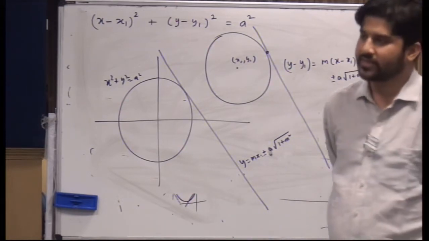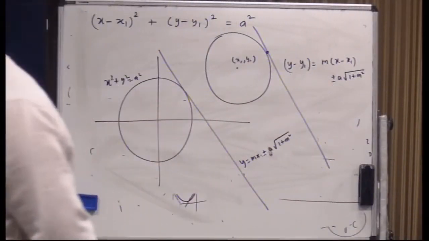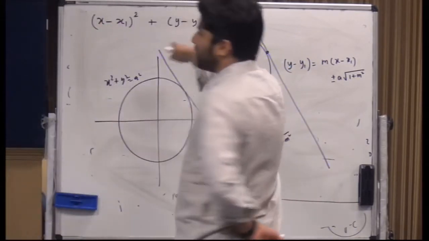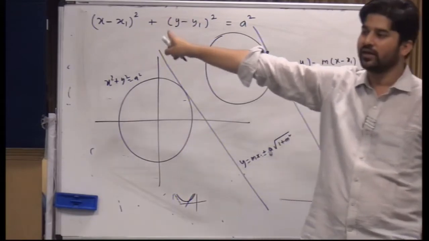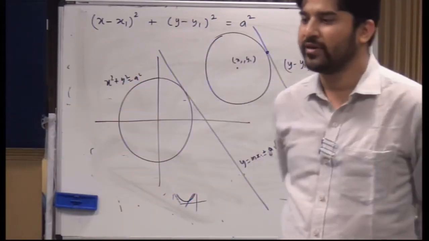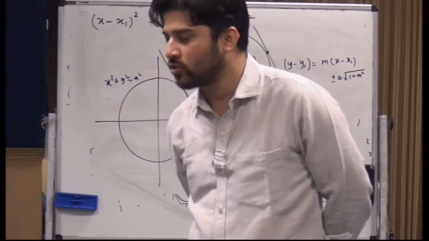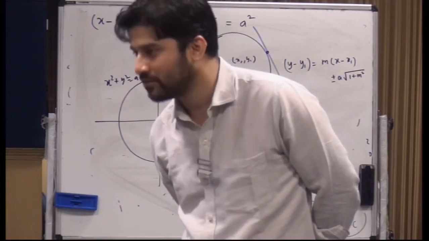Right. The crux here is you don't have to solve a quadratic equation every now and then. If you get into solving the quadratic equation of this, you will get messy in the calculation. You will get stuck in the calculation. You will be able to arrive at the right answer, but it will take a hell of a lot of time, which is the greatest constraint in your preparation as well as during the examination.